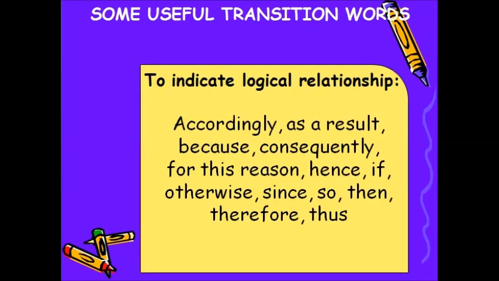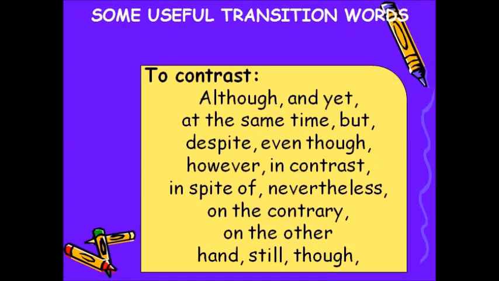To indicate logical relationship, we use accordingly, as a result, because, consequently, for this reason, hence, if, otherwise, since, so, then, therefore. To contrast, although, and yet, at the same time, but, despite, even though, however, in contrast, in spite of, nevertheless, on the contrary, on the other hand, still, though.